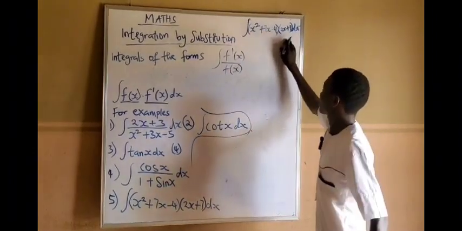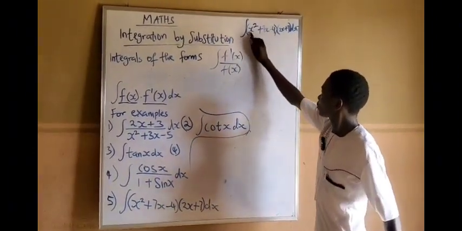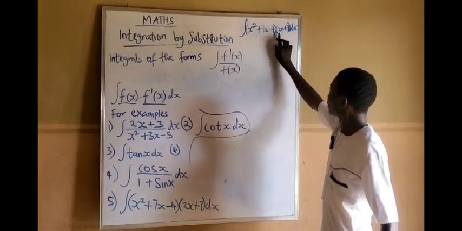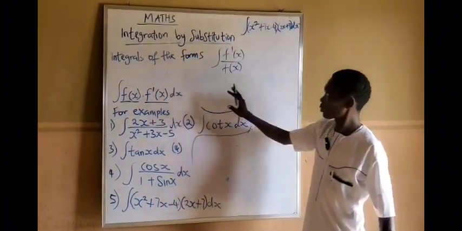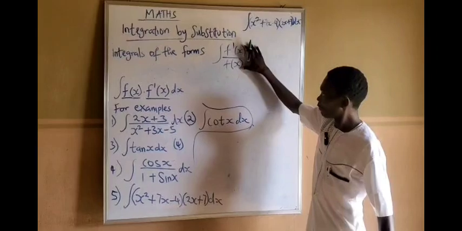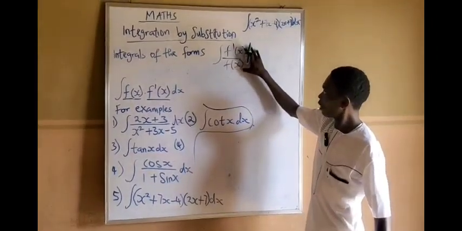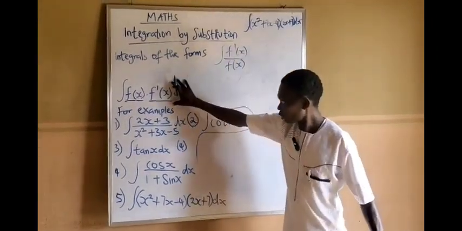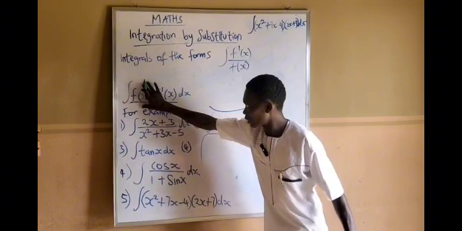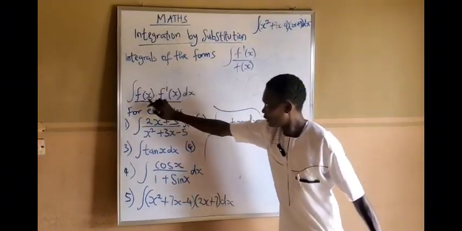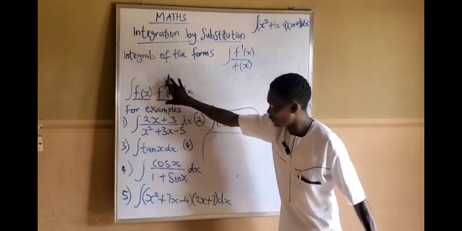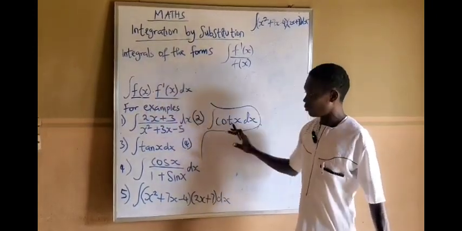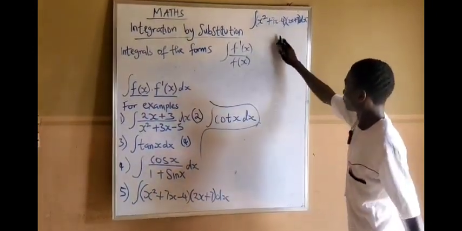As I've said, these are the two conditions in which you make use of substitution method, and I've done about 4 examples on this. If you differentiate what is here, and it gives you what is here, the difference between this and this is the prime.